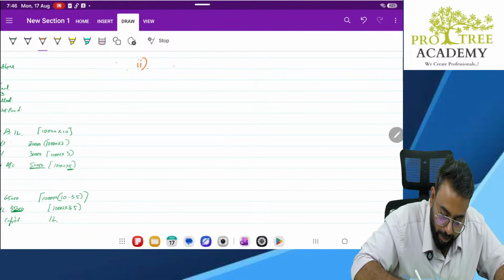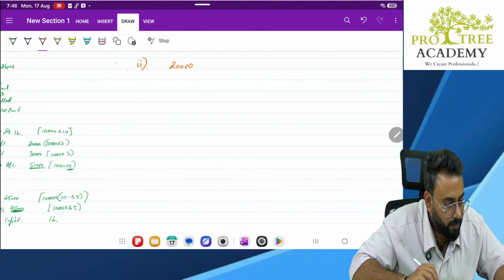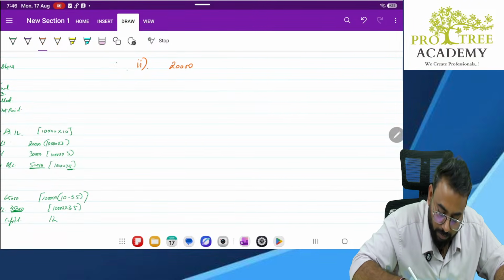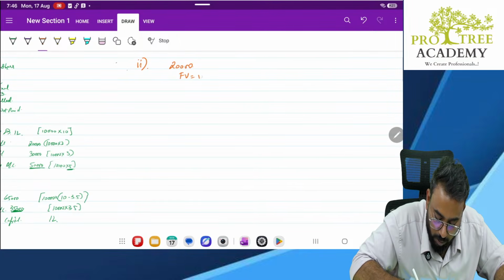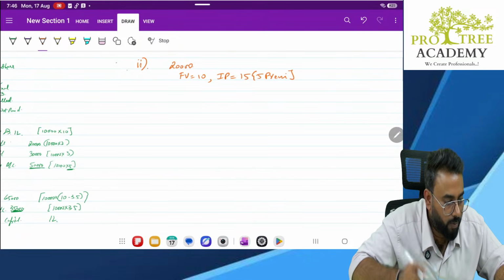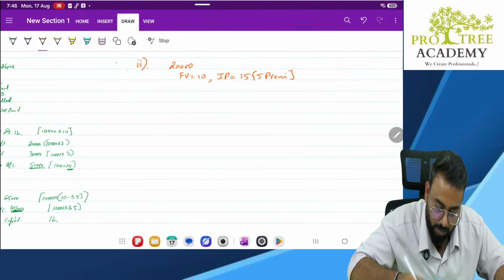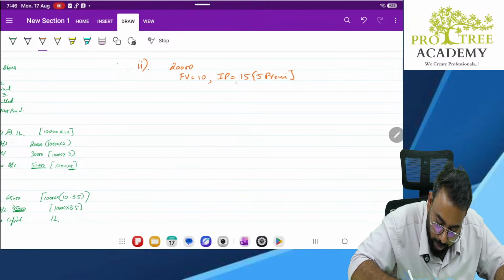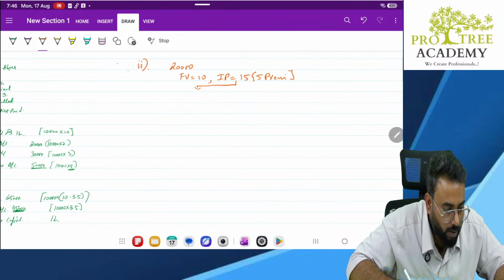K Limited forfeited 20,000 shares of 15 each. So face value is equal to 10. Issue price was 15, 5 premium. Okay. Now this 15 is split. How is this 15 split? Two parts.